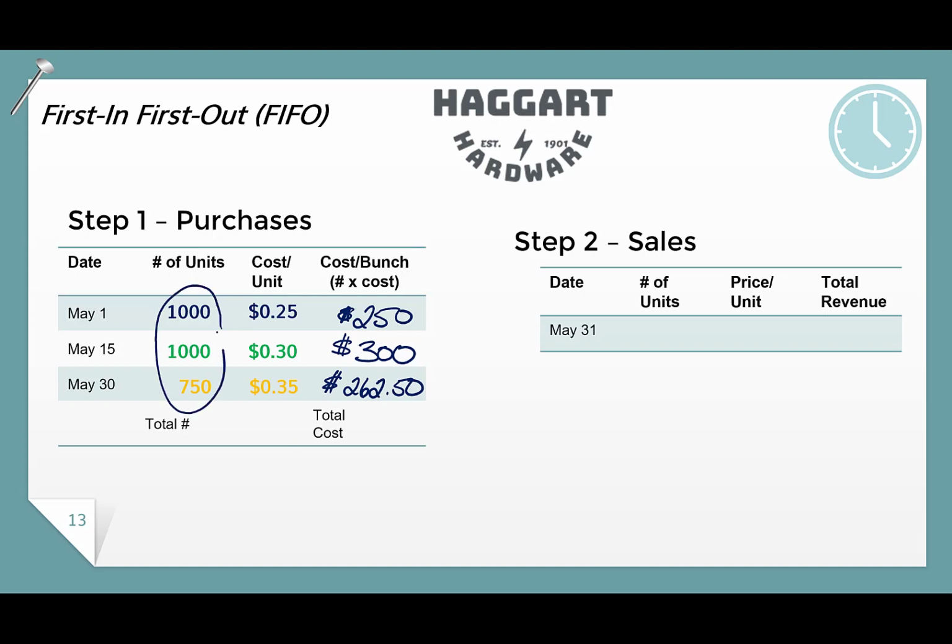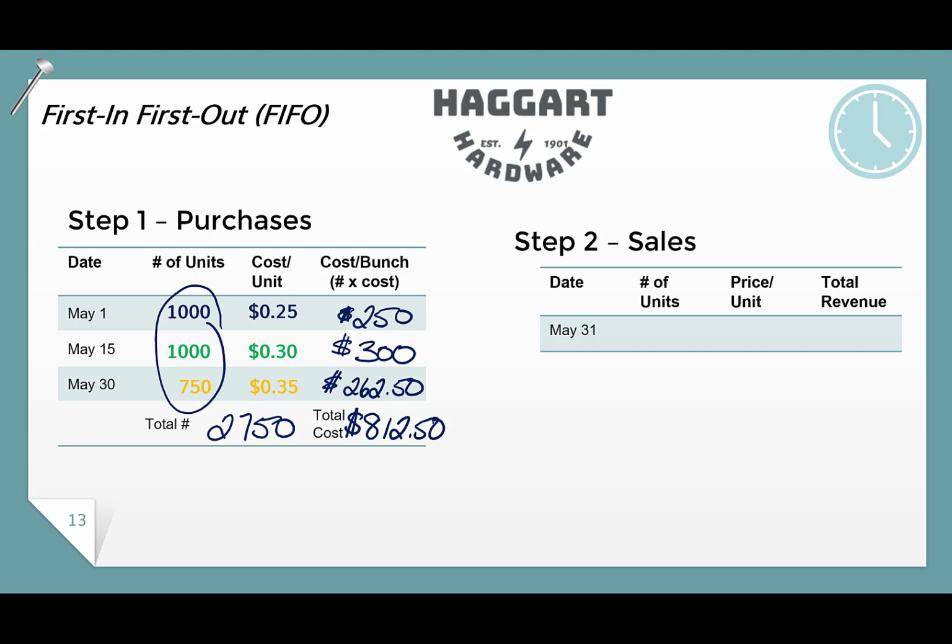So we're left with a total number of units, and the total cost for all of these units is $812.50. On May 31st, the hardware store sold some nails to customers and charged them 35 cents a nail.